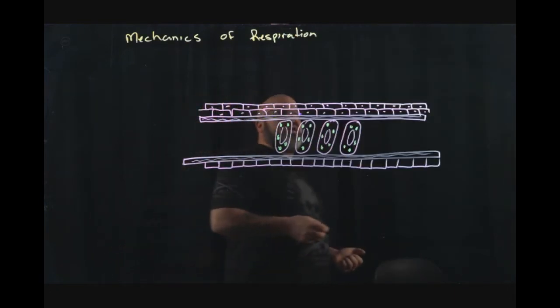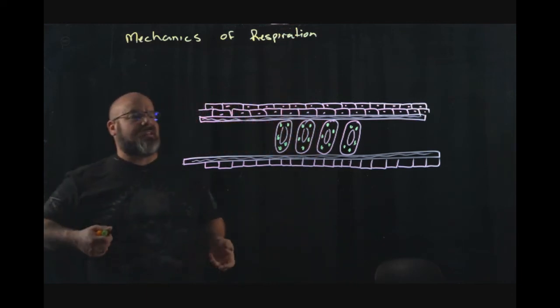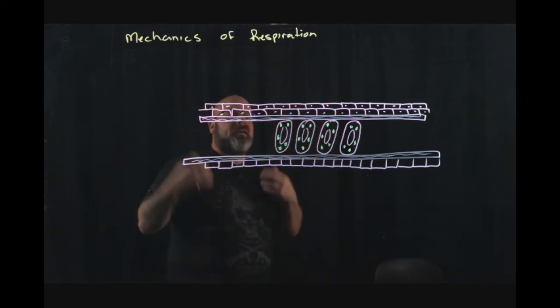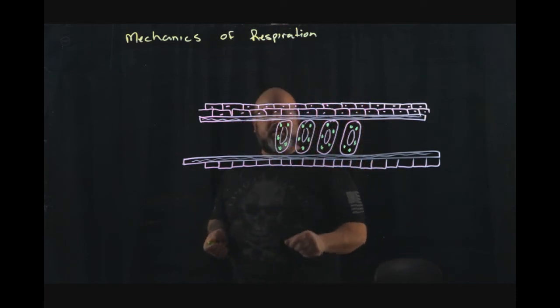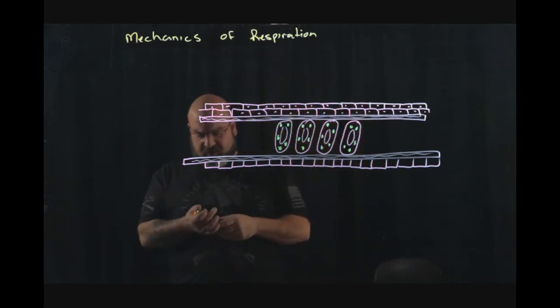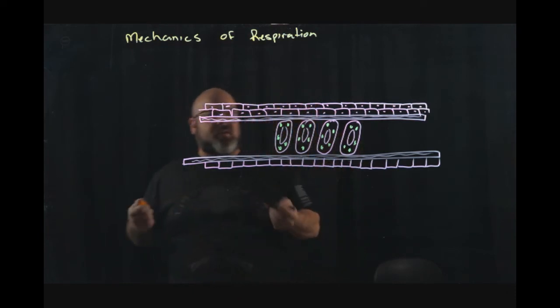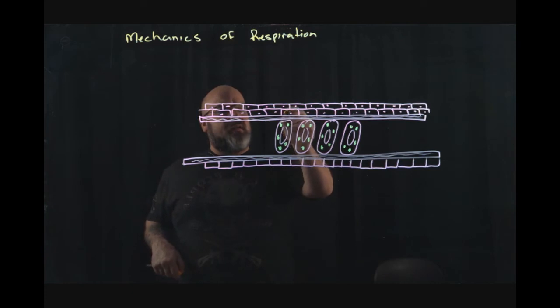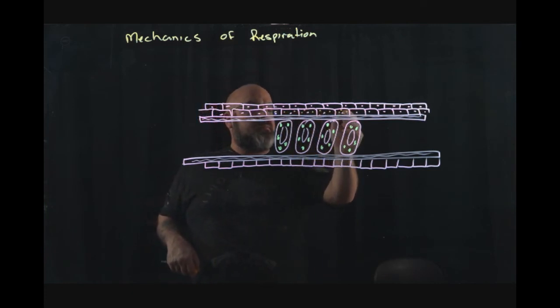So now let's talk about internal respiration. So internal respiration happens just like it does in the capillaries and the lungs, except it happens within the capillaries in the body. So here are our red blood cells lined up with their oxygen loaded, in green again, because like I said, oxygen is always green. And here are our CO2 loaded cells.